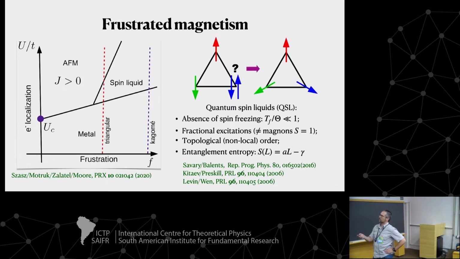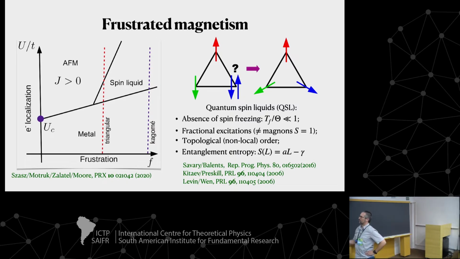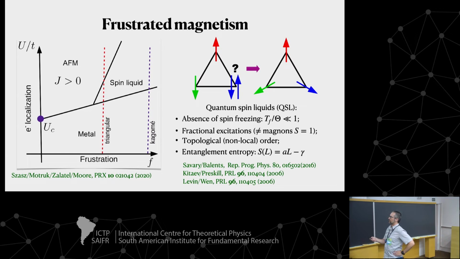As we saw earlier in Mariana's talk, if you increase U, you localize your electrons, you go to the Mott insulating limit, and generally you have an ordered state, like antiferromagnetic order. But what's nice is that if you now have frustration, if you increase frustration in some way, then you can essentially move away from this ordered state to a spin liquid state.